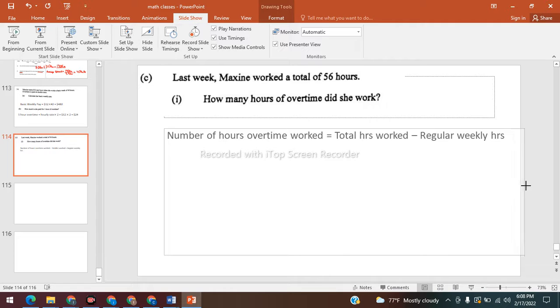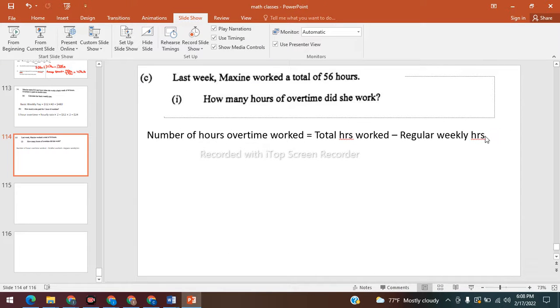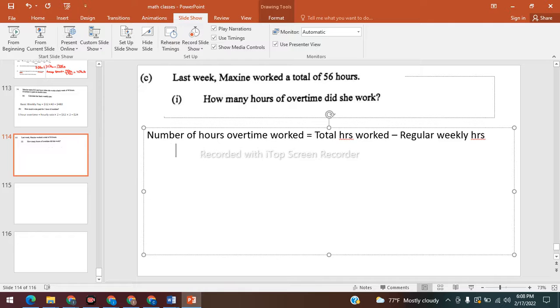We know that the number of hours that she worked for that particular week is 56, and her regular hours per week is 40 hours, right? And so that means that we have 56 minus 40. What's that going to be? 16. 16 hours. Very good. So she worked 16 hours overtime.